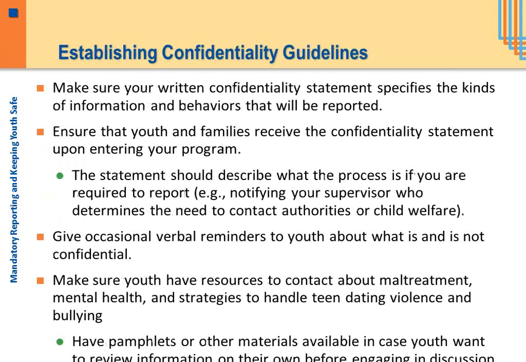For instance, in many states, it is child abuse or neglect, imminent harm to self or to others. And in some states, like New York State, it also includes elder abuse. All of that needs to go into your statement, and that you would then call the proper authorities, whether that's child services or police, or inform your supervisor.